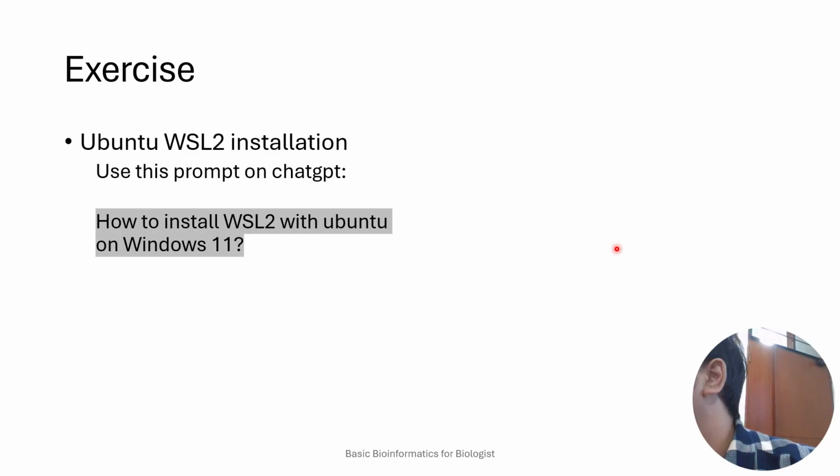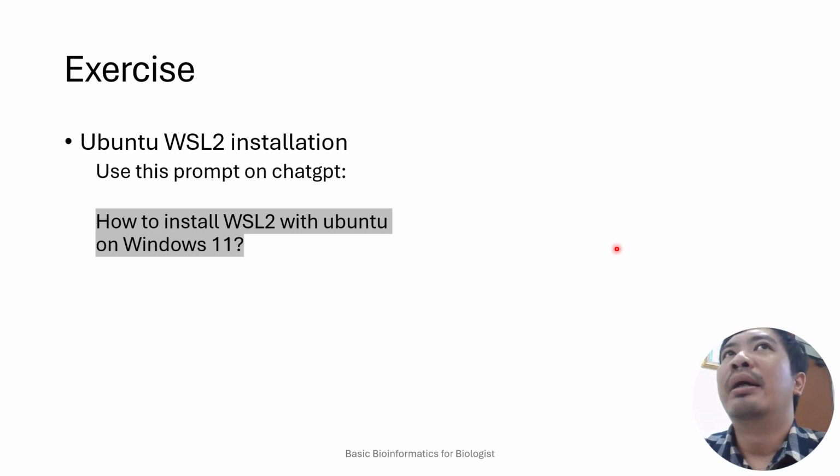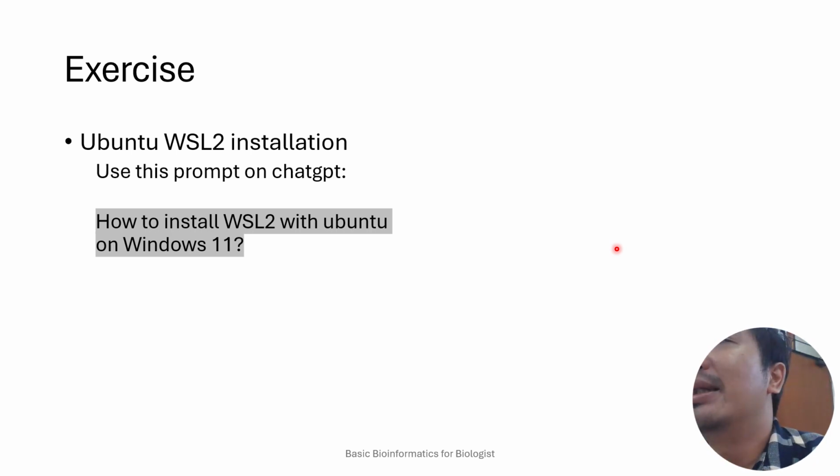This Ubuntu software, what they really use it for is analysis. Basically, it is an operating system. Ubuntu is an operating system. So you can put software in there, you can put data in there, and you can perform any analysis in an operating system.